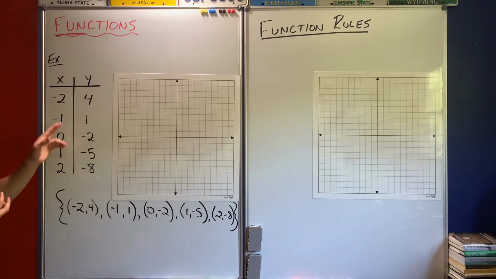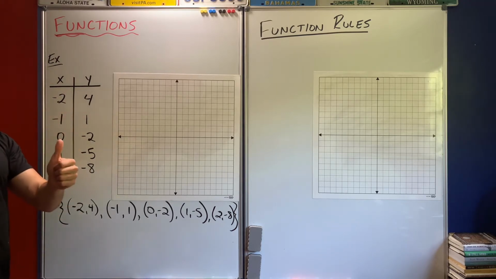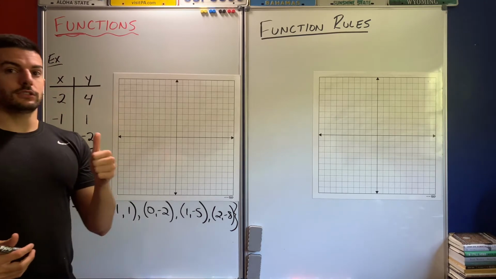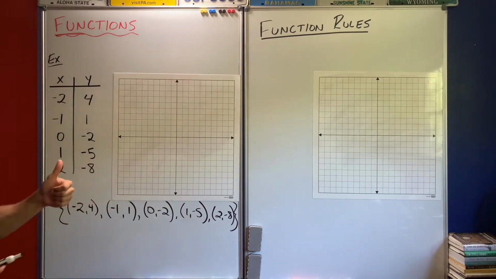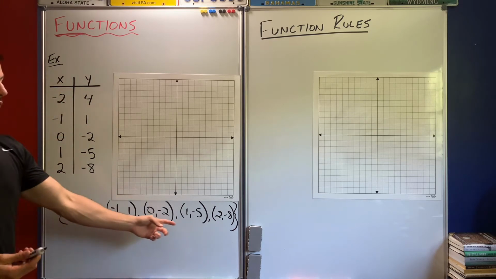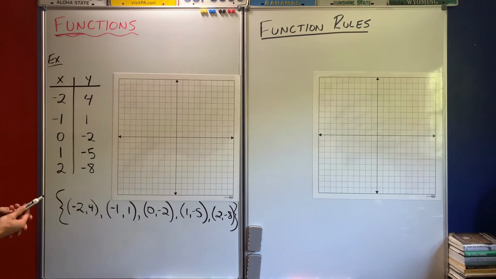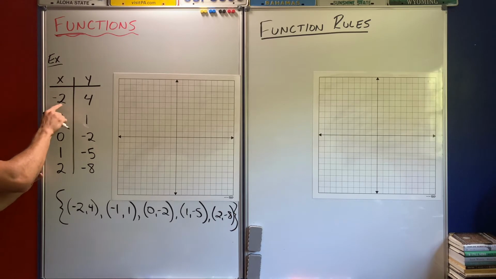Same with -1 and +1, and so on. Because there's no repeating x values, yes, this would be a function, and you can see that through the table. It's the same thing, just listing it as points. But I'm just going to graph this and show you what it would look like too.